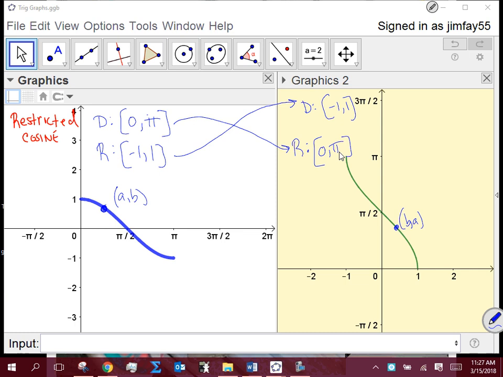And the range, the y values that your graph is graphed on, is 0 to pi, right? Okay. So when we deal with the cosine inverse, or if you want to call it the arc cosine, the input values can only be between negative 1 and 1, and that's something to think about. And the output values are only between 0 and pi.